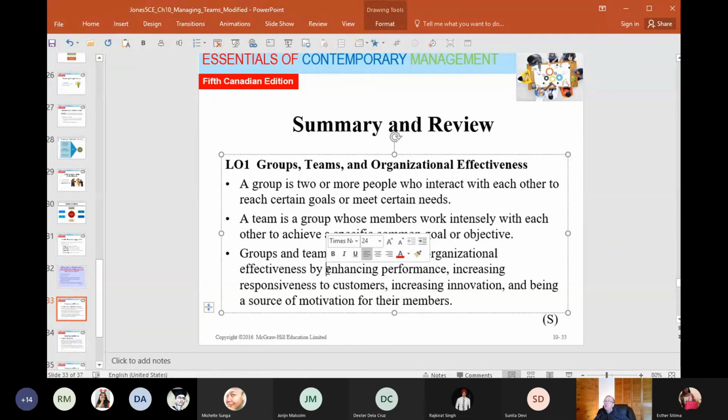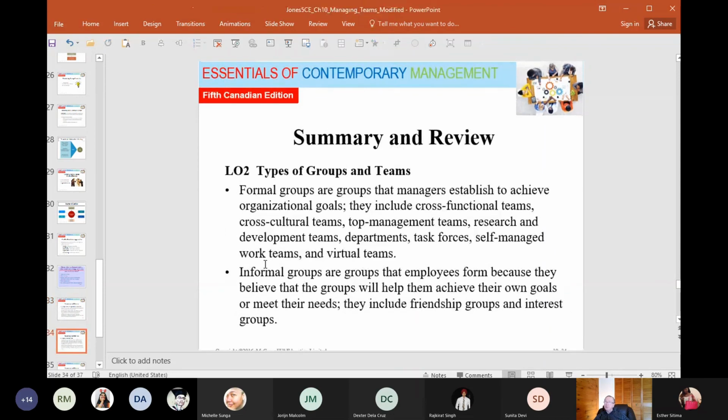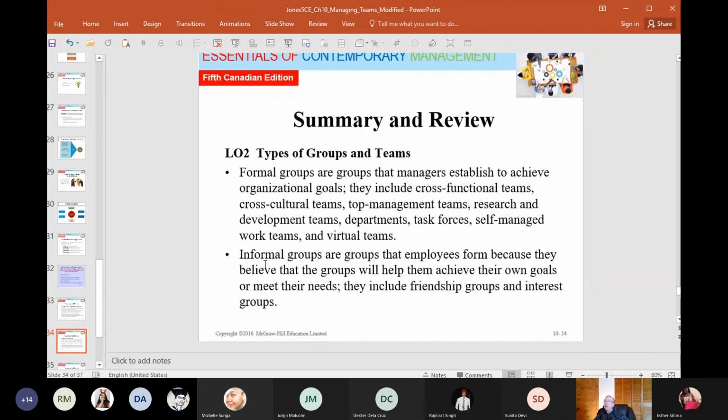Teams can enhance performance, increase responsiveness to consumers, increase innovation, and be a source of motivation for their members. So that's how teams are being effective. And we also know that to achieve this goal, we can include cross-functional teams. In other words, diversity is key to good team performance.